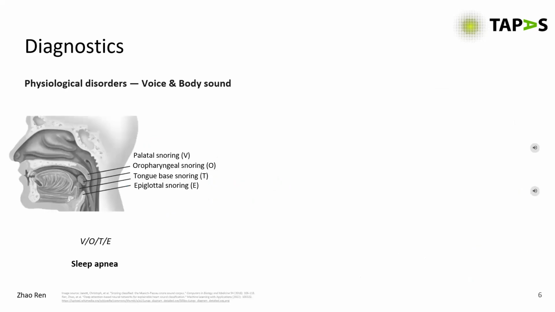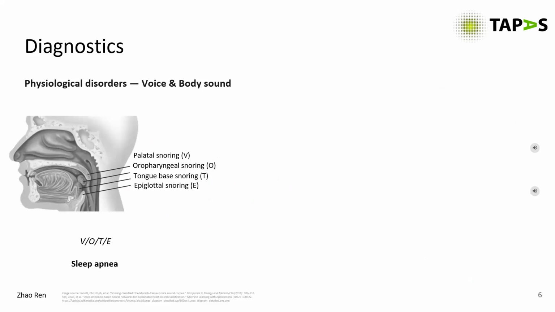Apart from psychological and neurological disorders, we can also use voice and body sounds to detect physiological disorders. For example, in this figure, the snoring location can be localized from the snoring sound. There are four major locations here, the VOTE classification.